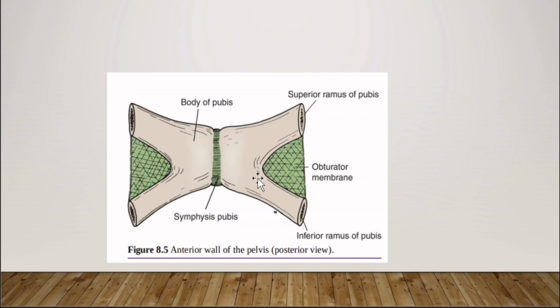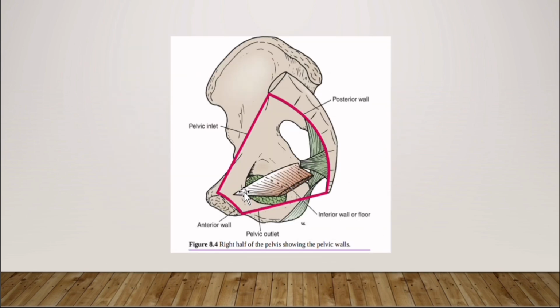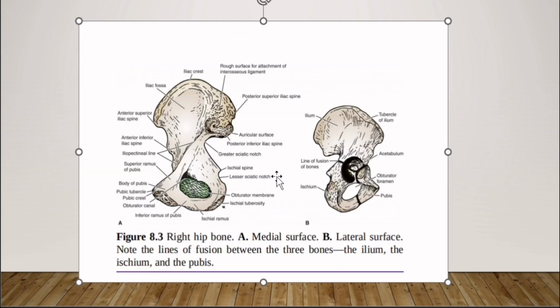They form the anterior wall of the pelvis. Then the lateral wall of the pelvis is formed from the ilium, the sacrotuberous ligament and sacrospinous ligament. They form the lateral wall of the pelvis.